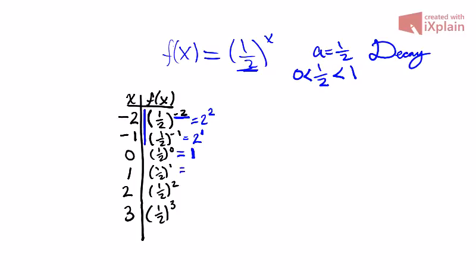And this becomes 1/2. And then this becomes 1 over 2 squared, which is 1/4, because 1 squared is 1. And this becomes 1 cubed over 2 cubed, where 1 cubed is 1, and you get 8 at the bottom. So as I go towards positive infinity, I'm going to get really small.